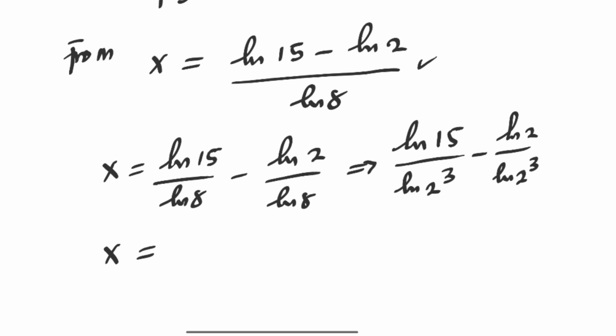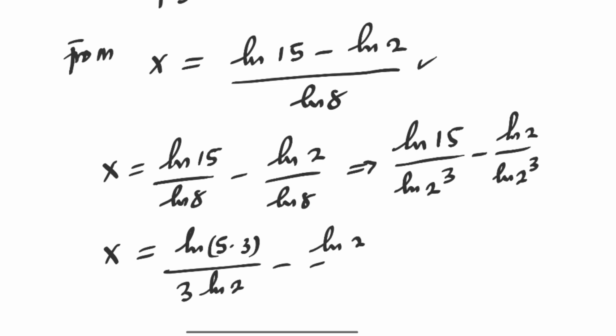S is equal to ln of 15, which can be written as ln of 5 multiplied by 3, over ln of 2 raised to power 3, which can be written as 3 ln of 2, minus ln of 2 over 3 ln of 2. This ln of 2 cancels this ln of 2.